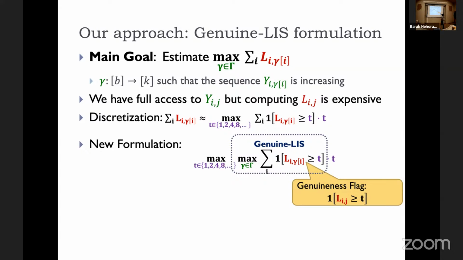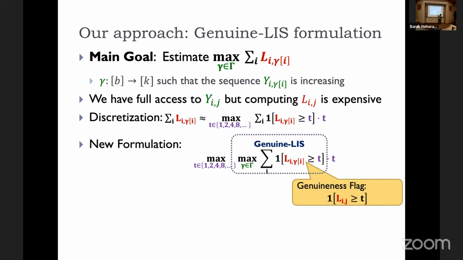Right, so the genuineness flag: a block ij is genuine if its LIS length is at least t. We fix a concrete t instead of maximizing over all t.